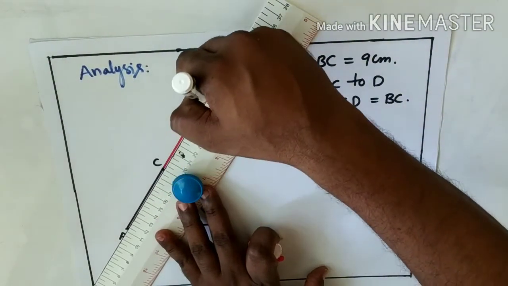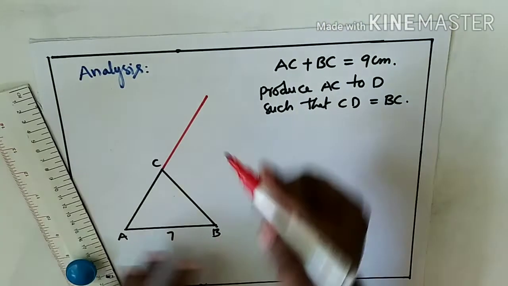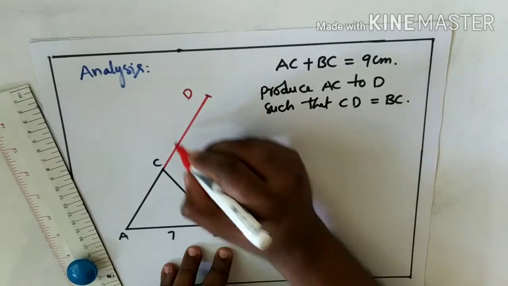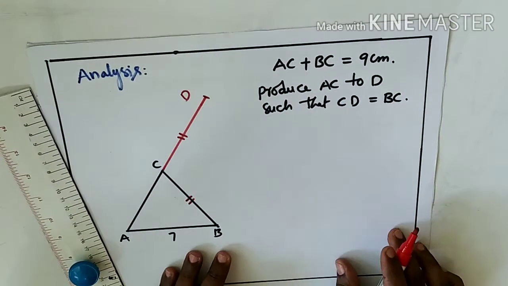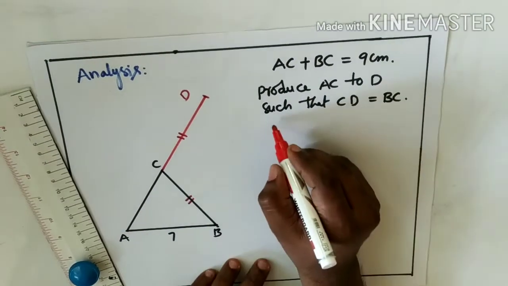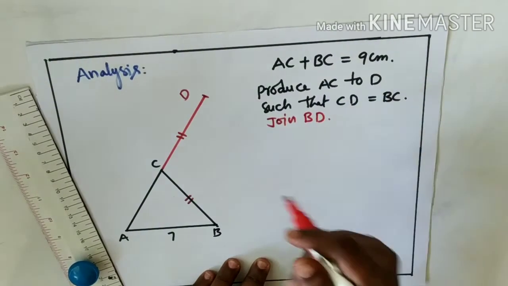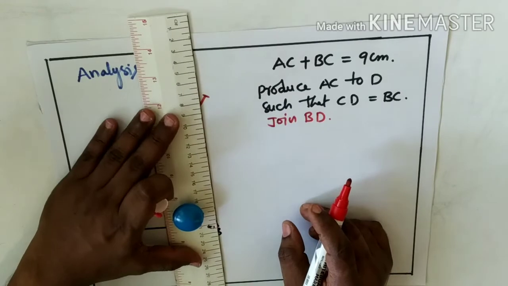Now this is D, such that these two sides are equal. Okay, and join BD.